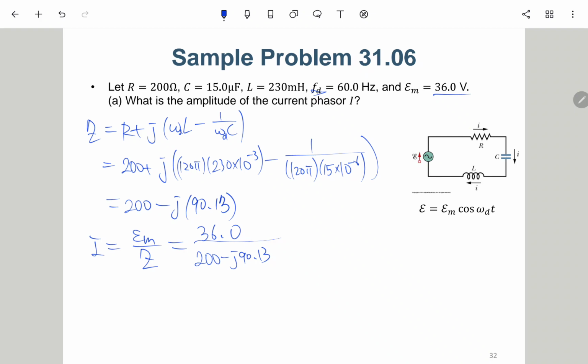Or if you would like to find only the amplitude, the absolute value of I will be 36.0 over the square root of 200 squared plus 90.13 squared. It is nothing but 0.164 A.